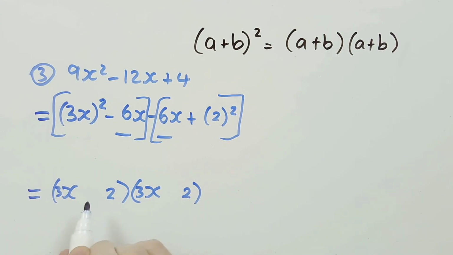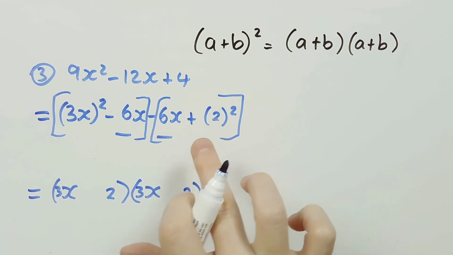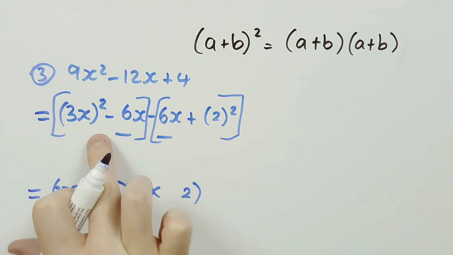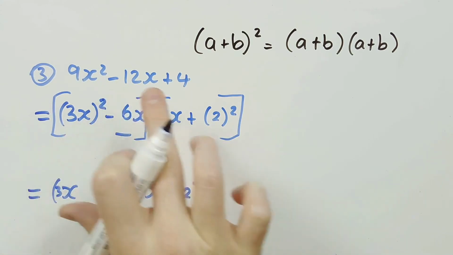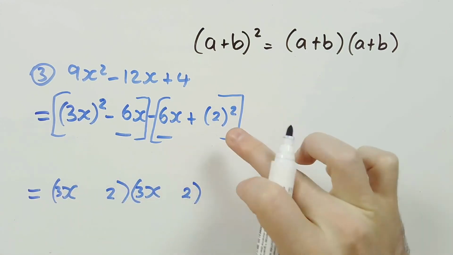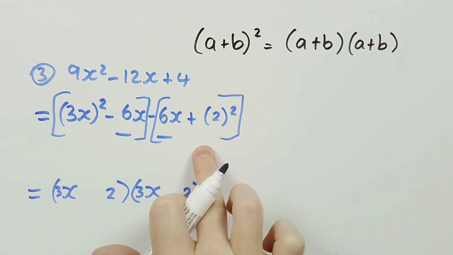So we know that the sign has to be the same in each bracket. So we know that we're looking for minus 12x, or minus 6x within each, and we're also looking for plus 4 as a resultant.